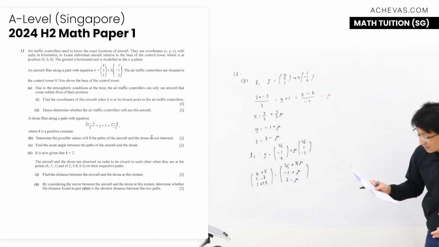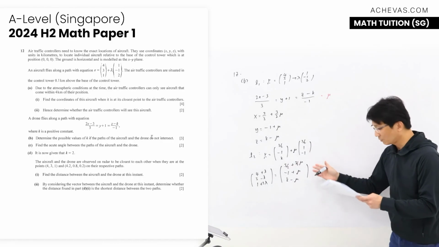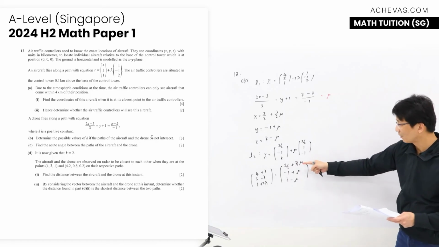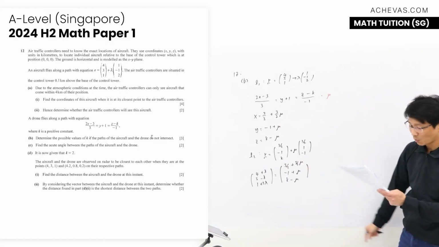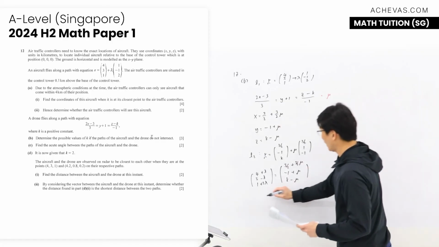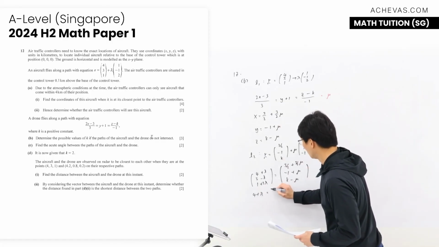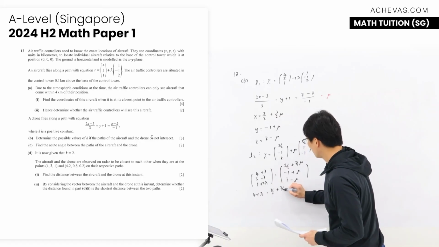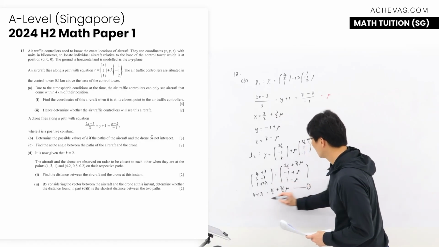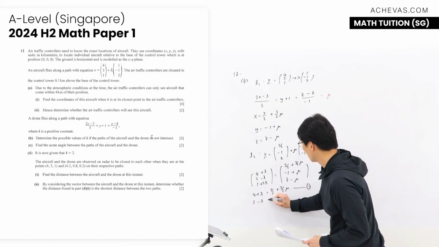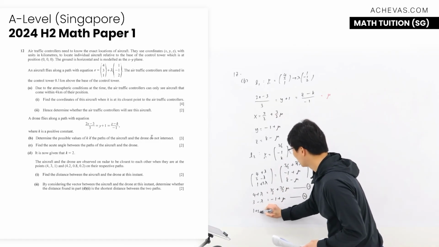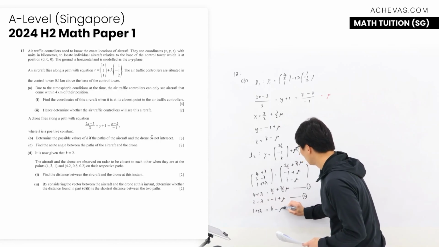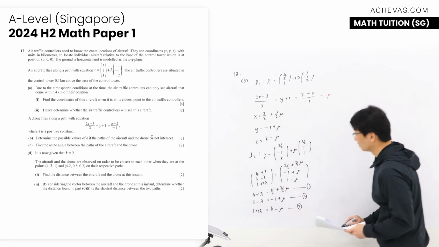Okay, assuming that they intersect first, I'm going to extract out 3 equations here, which I can get from the first, second, and third line, from the x, y, z component here. I will have 4 plus lambda equal to 3 over 2 plus 3 over 2 mu, first equation. Second equation, 3 minus lambda equal to minus 1 plus mu. 1 plus 2 lambda equal to k minus mu, third equation.